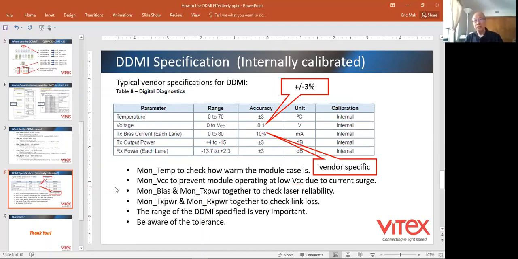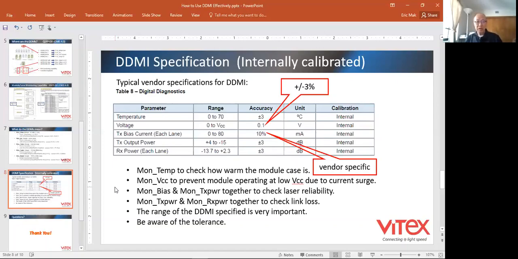When the operating current doubles up, that means the laser is dying. So that is something you watch out for. Sometimes it's not that severe, but you can sense how healthy your transmitter is, right?